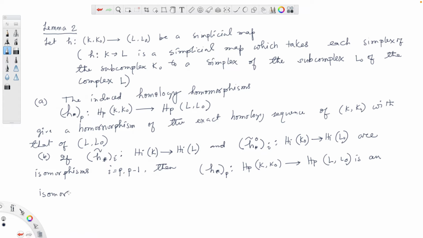To prove this, we are going to use Steenrod 5 lemma.